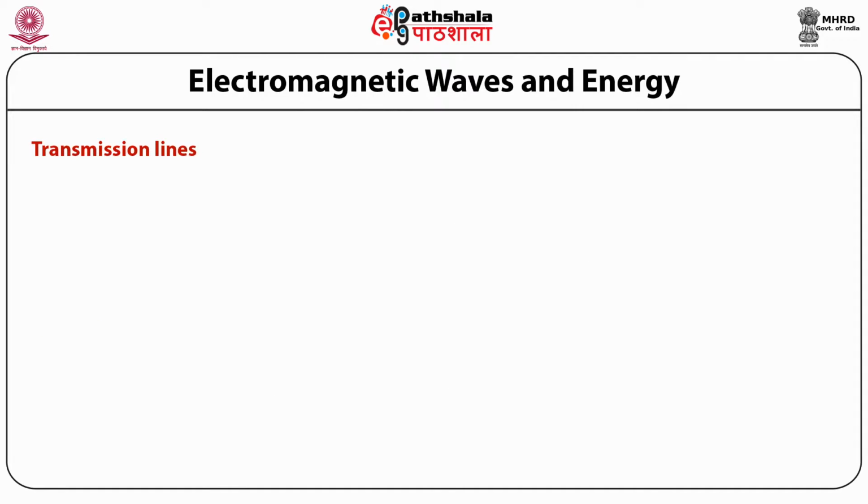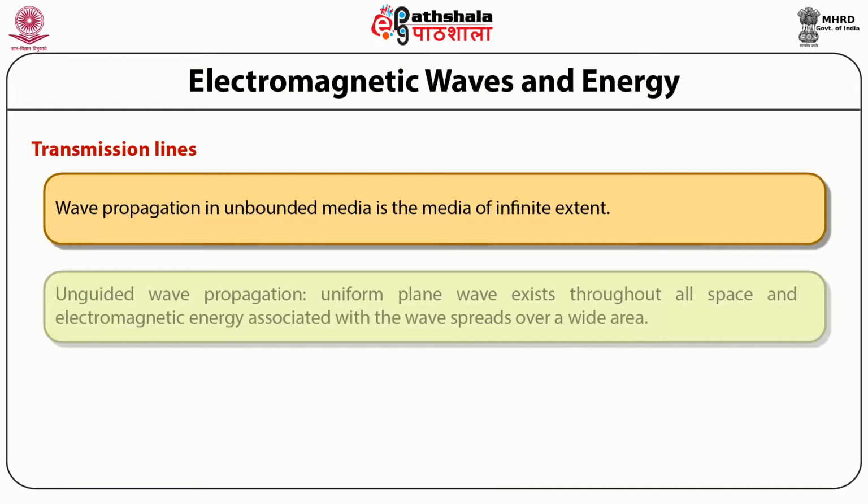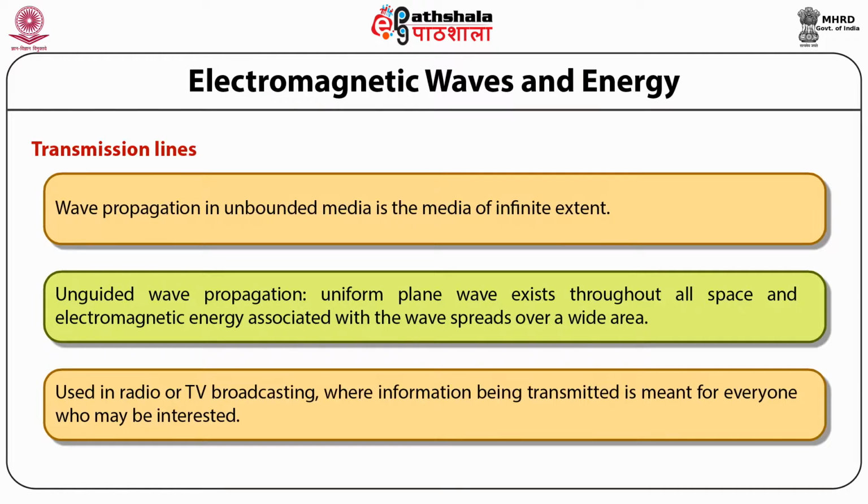Transmission lines. Wave propagation in unbounded media is the media of infinite extent. So, unguided wave propagation means there is a uniform plane wave throughout all the space, and electromagnetic energy associated with the wave spreads over a wide area. It is used in radio or TV broadcasting, where information being transmitted is meant for everyone who may be interested.